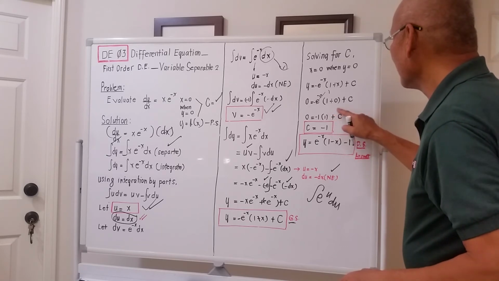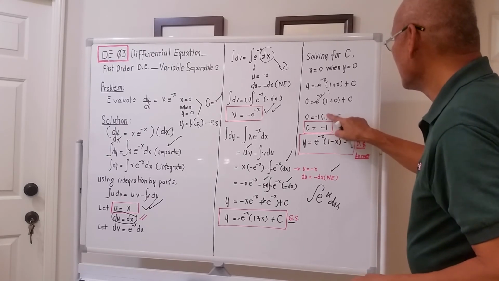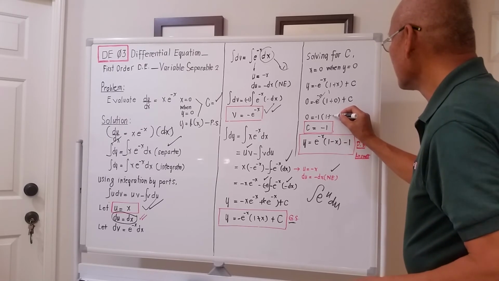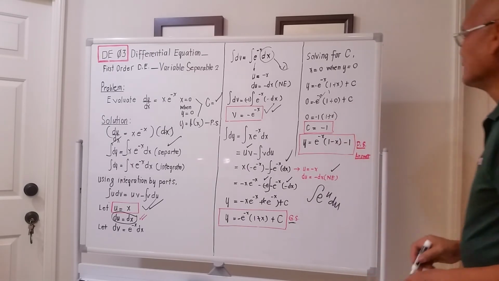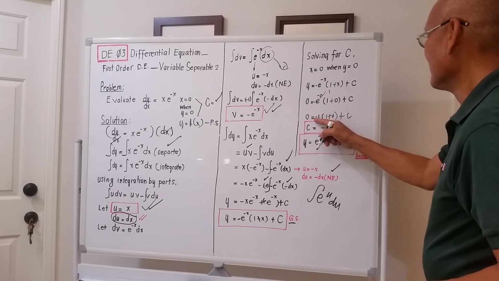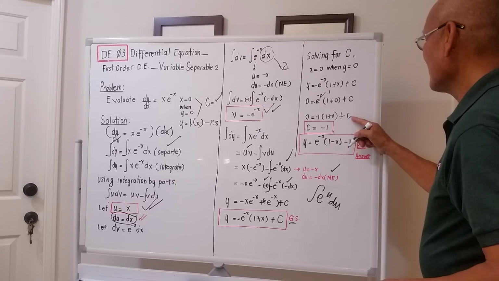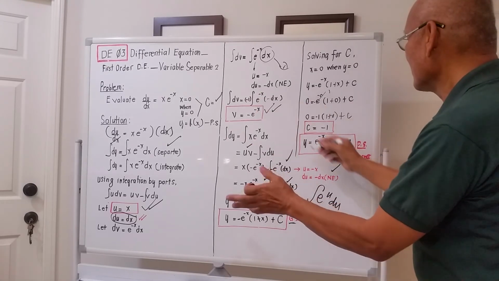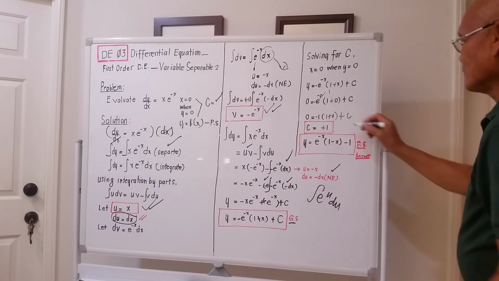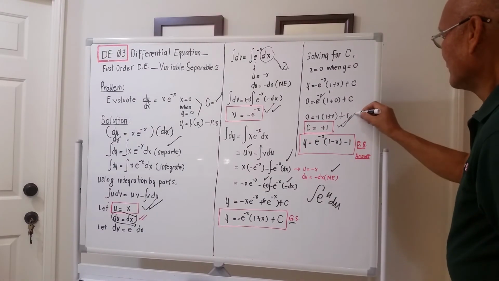So this is negative 1 times the quantity 1 plus 0 plus c. There's a negative 1 over here. So c now, this negative, we place it back on the left hand side, so this should be plus 1. The value of c should be plus 1. Sorry for that one.